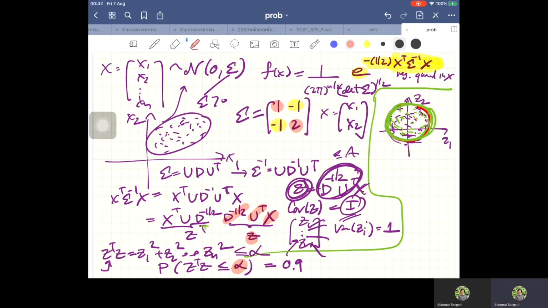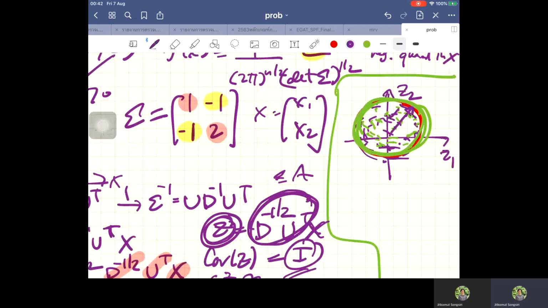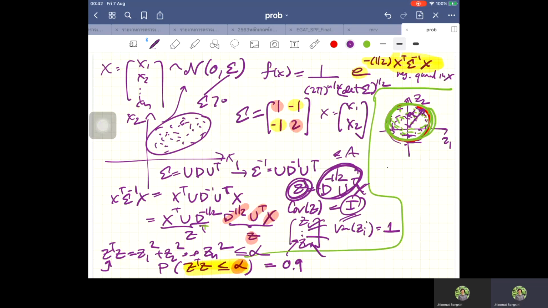If we can determine alpha, it is going to give the radius, right? Because this is Z transpose Z less than alpha. If you look at it as a set of Z, this is just a circle, a ball in n-dimensional space.